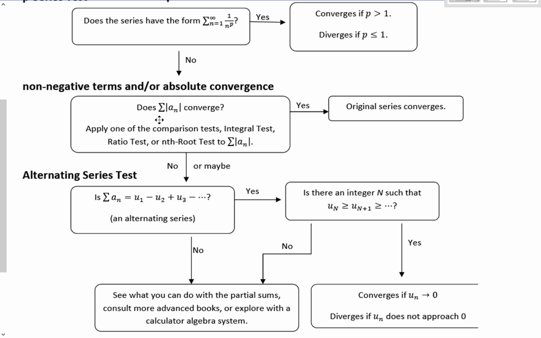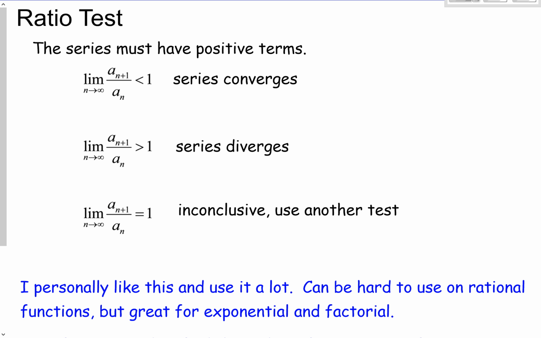But then, sorry, the one test I want to discuss in this video is the ratio test. I personally like this a lot. I use it a lot. Of the different tests we're going to be learning, this is probably the most commonly used.